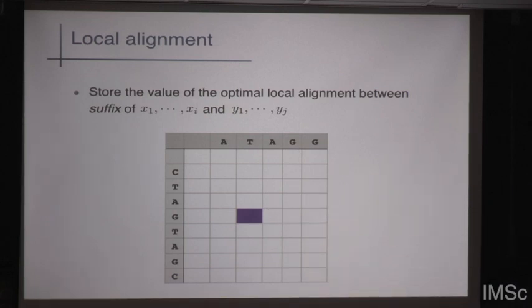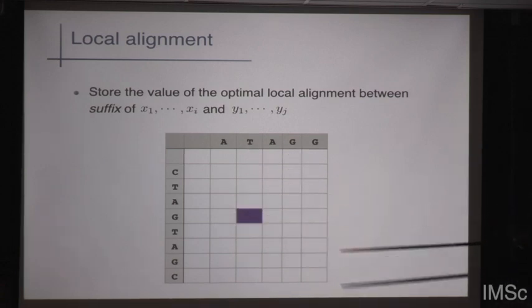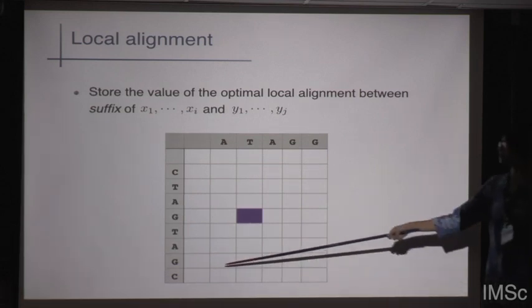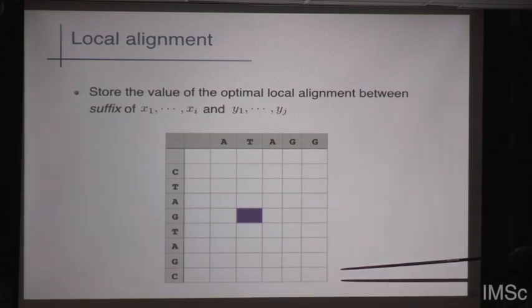Where is our final answer in this matrix? If we insist on choosing this region, we are insisting on using the last characters, right? So where is our answer in this matrix? Earlier our answer was always here or there, depending on the problem we were solving.